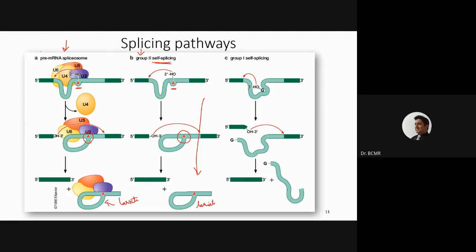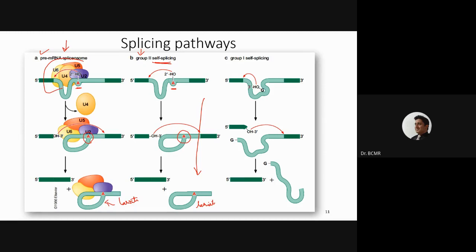If you compare with the pre-mRNA spliceosome, you will notice that so many different snRNPs are required to mediate each of these steps.